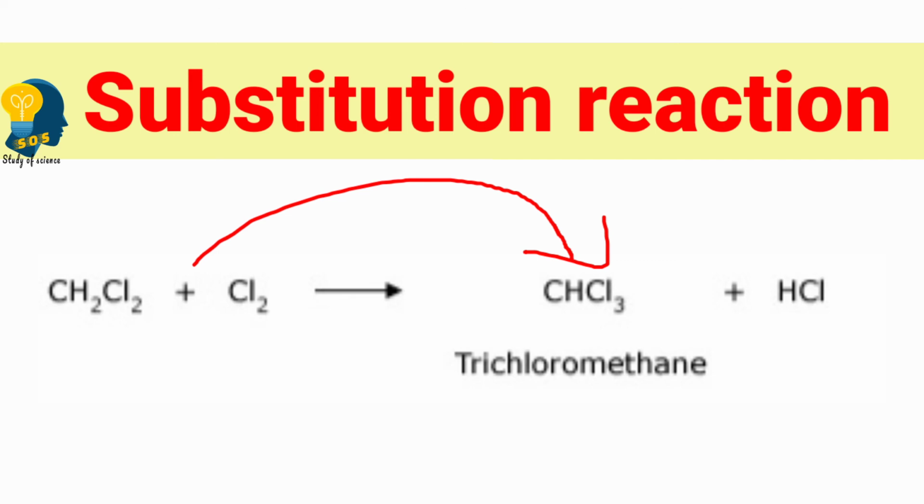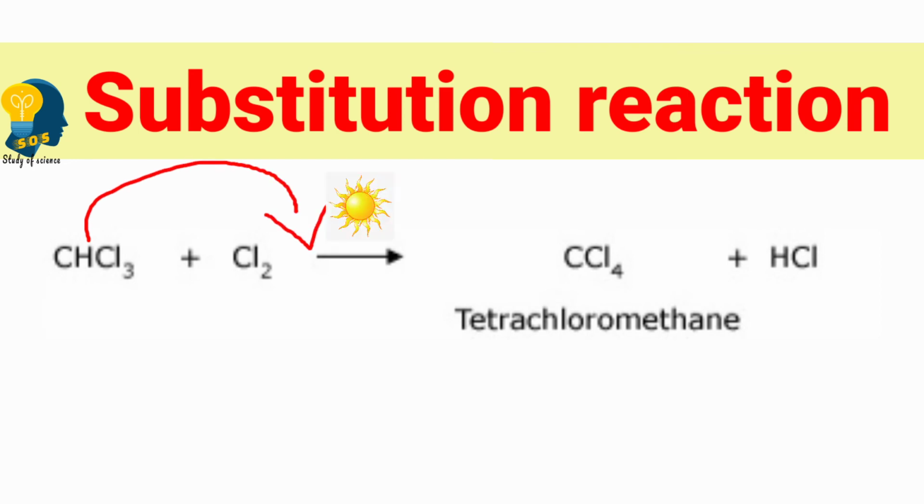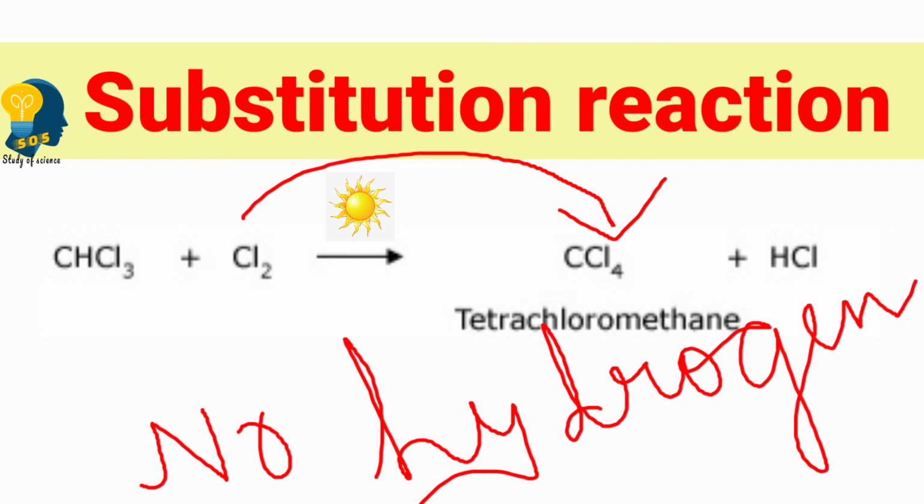It is CHCl3. Trichloromethane is formed along with HCl. Further, for this trichloromethane, again when we add chlorine in the presence of sunlight, we get tetrachloromethane, that is CCl4. And this CCl4 now does not have hydrogen. That is what I told you. This reaction continues until all the hydrogen atoms are replaced by chlorine. Now we got tetrachloromethane and this reaction stops.